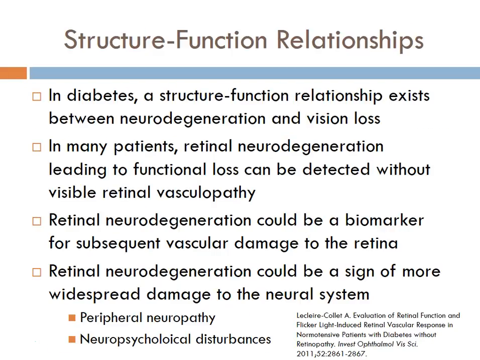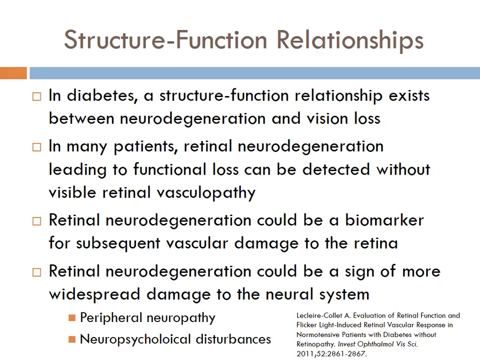So you have to always refresh and remember our basic science, the structure-function relationships, and how we're going to describe all of the diseases that we monitor, treat and diagnose. What is the structure-function relationship? We've examined it in detail in glaucoma. We're examining it in detail in diabetes.